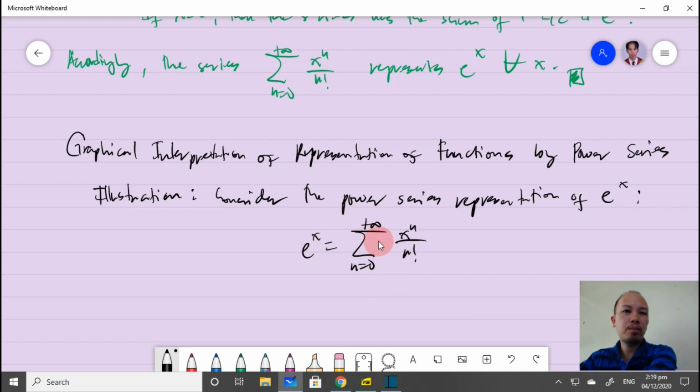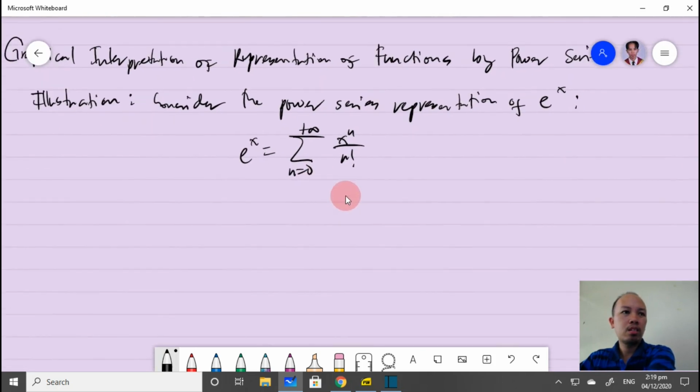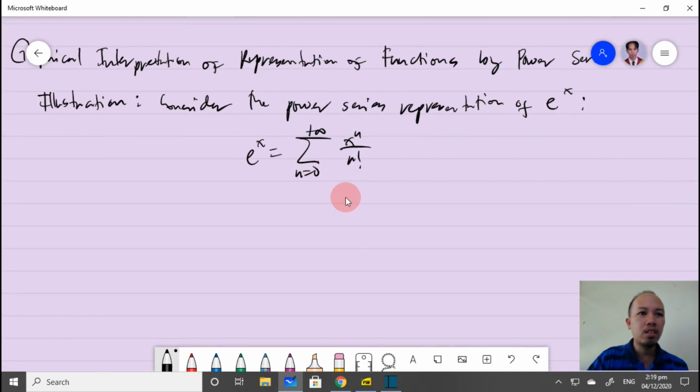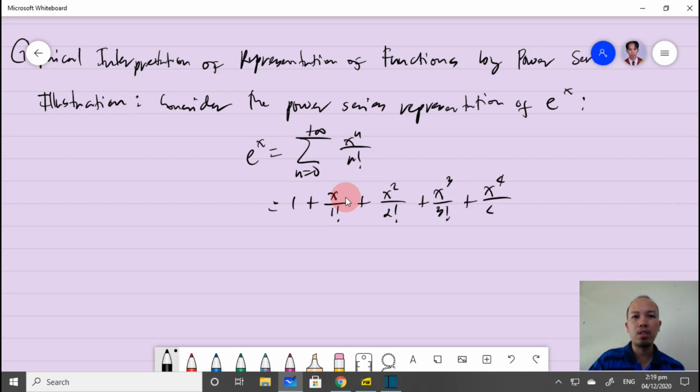Okay, so if we expand this one, when n is 0, we have 1 plus x over 1 factorial plus x squared over 2 factorial plus x cubed over 3 factorial plus x to the 4 over 4 factorial, and so on and so forth, up to x to the n over n factorial.